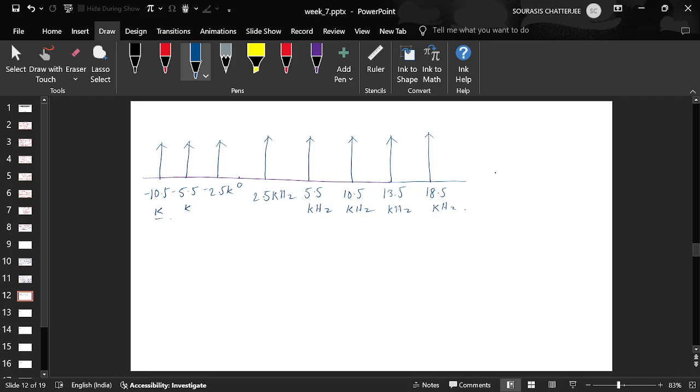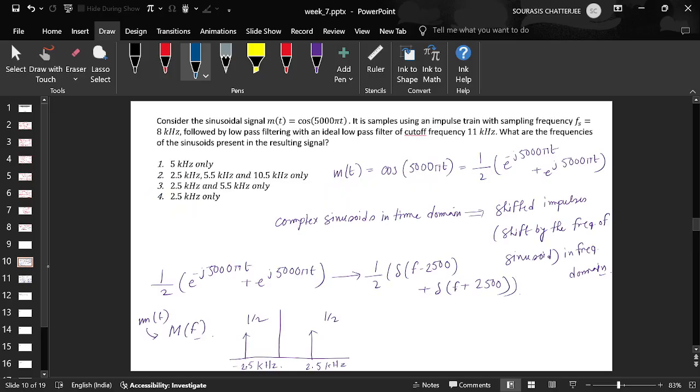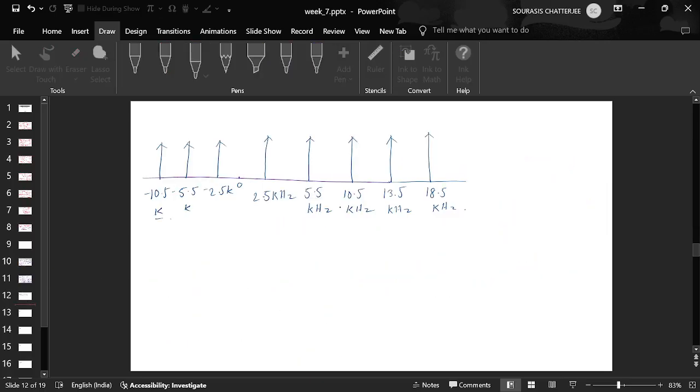There are multiple other impulses, actually infinite of them, but we don't need them because the question says this sampled signal is now low pass filtered with an ideal low pass filter of cutoff frequency 11 kilohertz. So this entire thing is being passed through the 11 kilohertz filter.